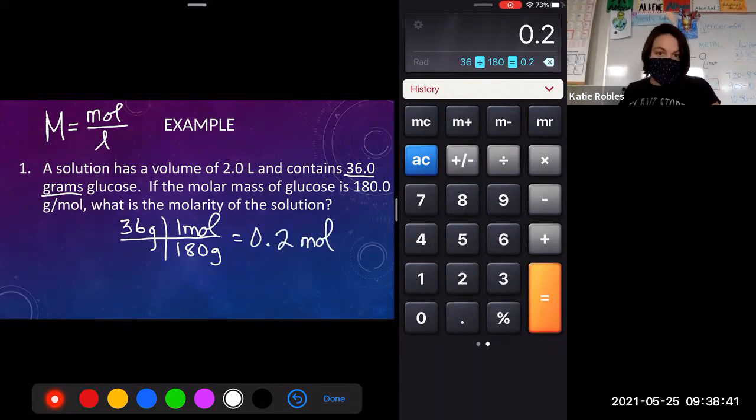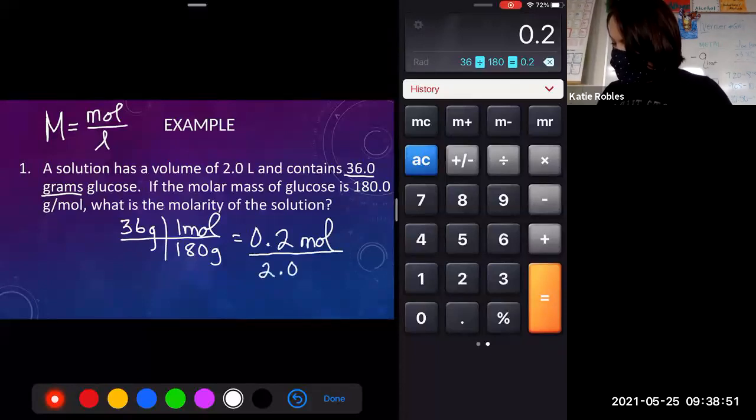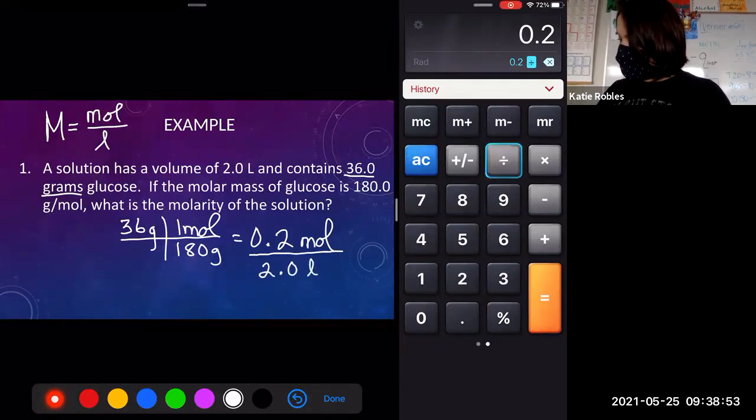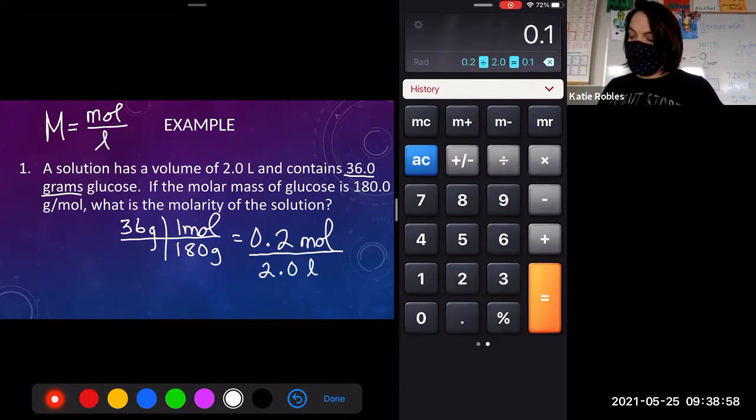And then it says that molarity is moles per liter. So we have that many moles divided by 2.0 liters, and I get a molarity of 0.1, right?